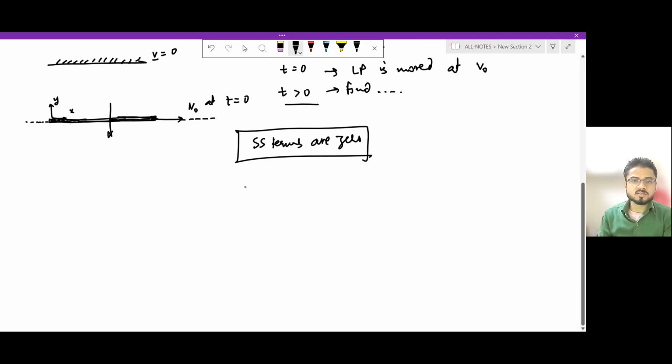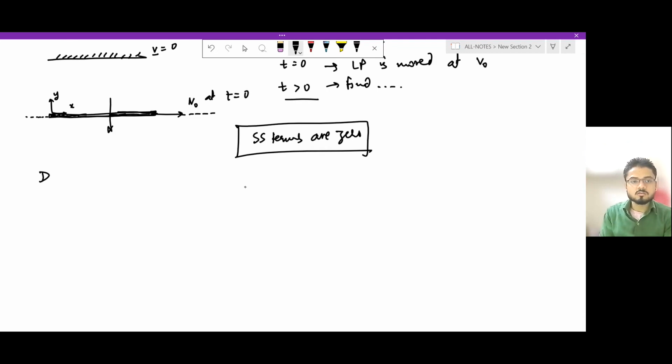Let's look at the Navier-Stokes equations: Dv/Dt equals minus grad p plus (1/Re) square v vector, in non-dimensional form.